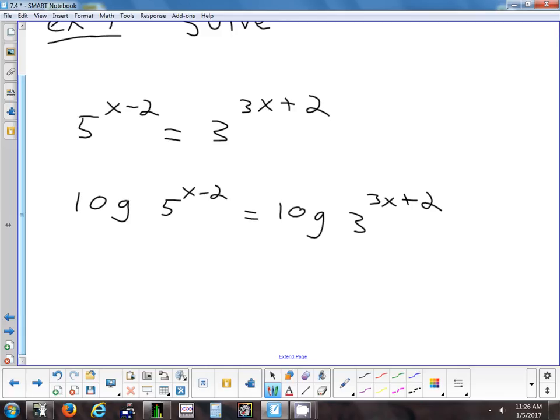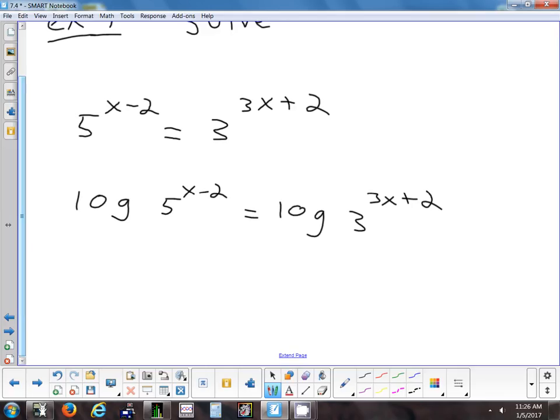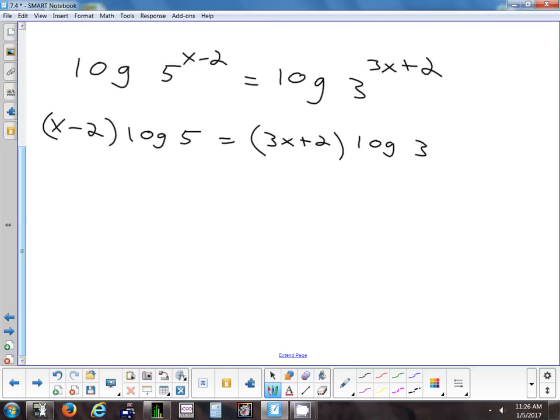Now I can take these exponents and put them in front. So we've got x minus 2 times the log of 5 equals 3x plus 2 times the log of 3. Okay, now I want to stop for a second and show you what this equation is very similar to.